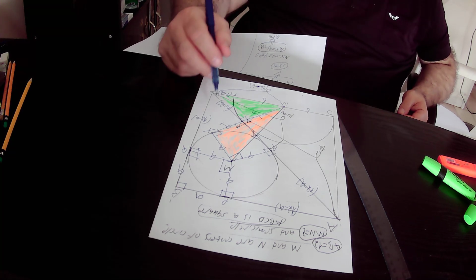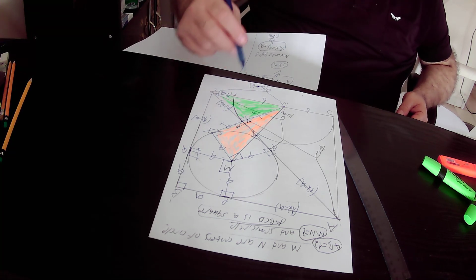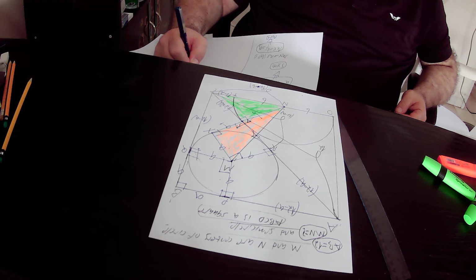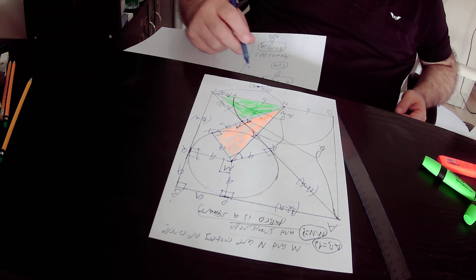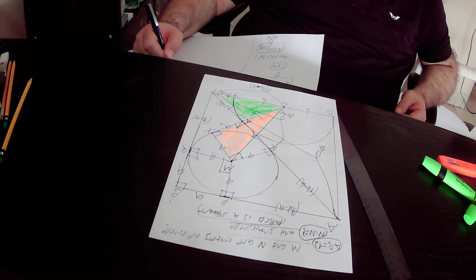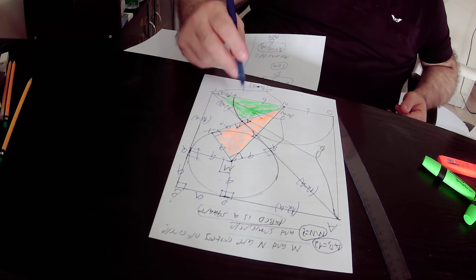That is to say, MX squared plus NX squared must be equal to the square of the hypotenuse, that is MN squared.